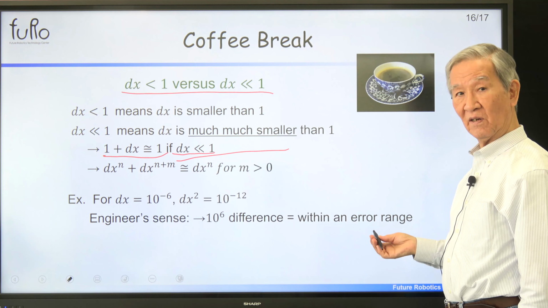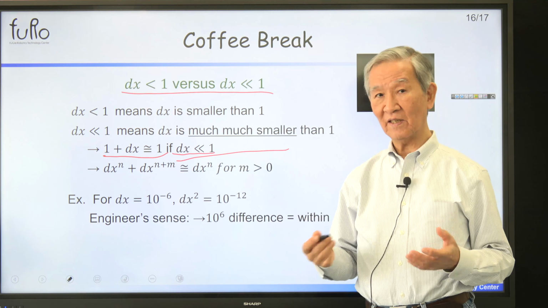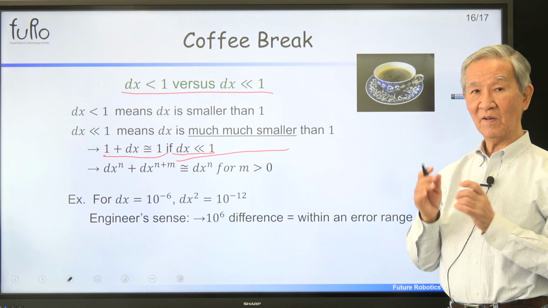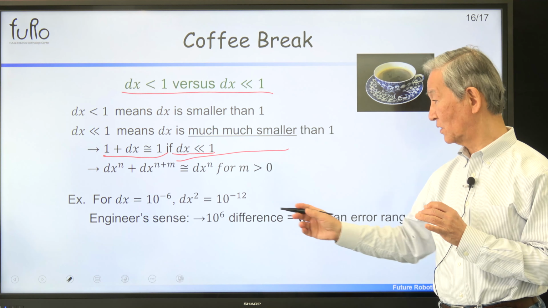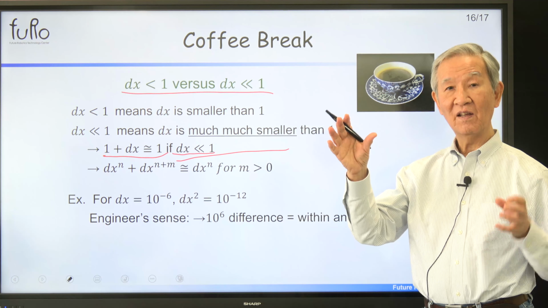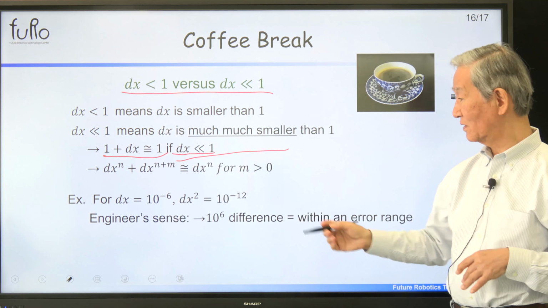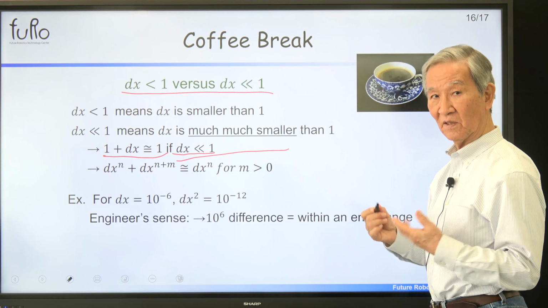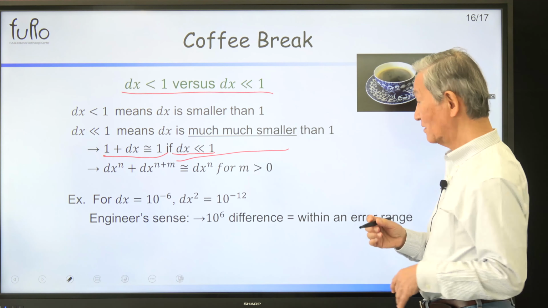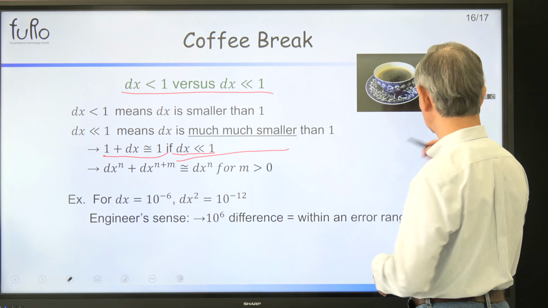That's within error. When you make any measurements, if one value is 10 to the 6 times the other, you can forget about the smaller one. 10 to the 6 is too large a difference. And does this happen? Yeah, it happens.